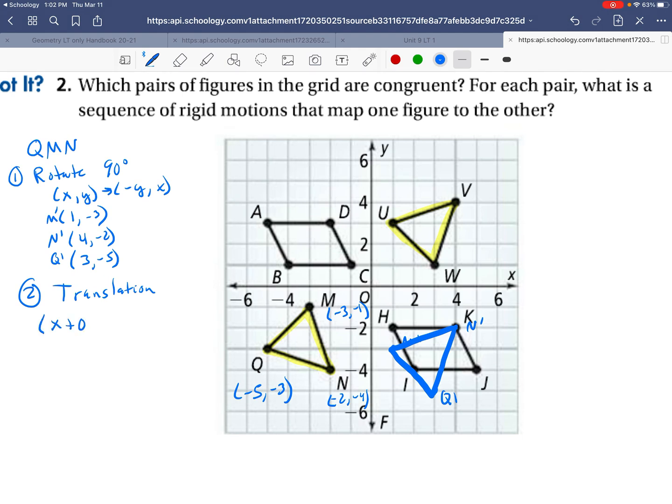So I'm going to put x plus 0. You could just have x. But then I'm going to go up 1, 2, 3, 4, 5, 6. So a translation of not left or right, but up 6 will give me UVW. And so those are the series of transformations of rigid motion that took me from one triangle to the other.